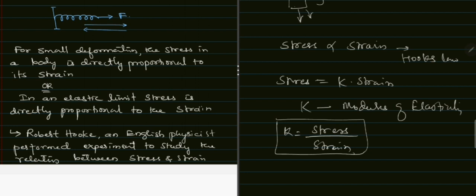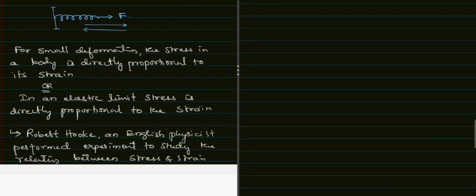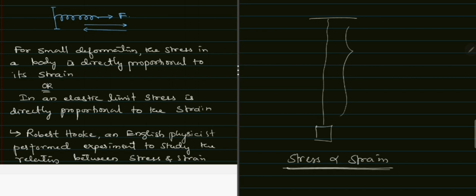So this is about Hooke's law. In the years 1635 to 1705, the English physicist performed this experiment using a metallic wire, applying a force continuously, and he observed the behavior of the material, and finally got that stress is directly proportional to strain.